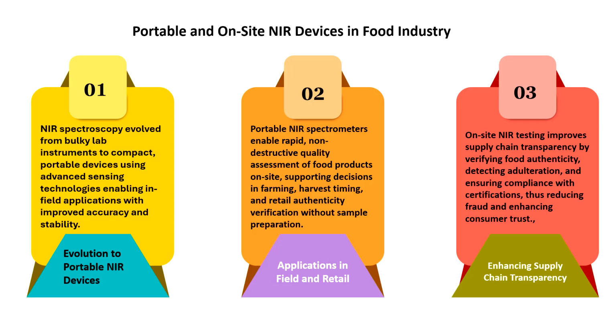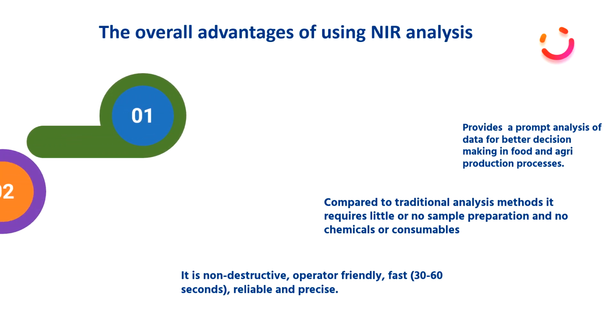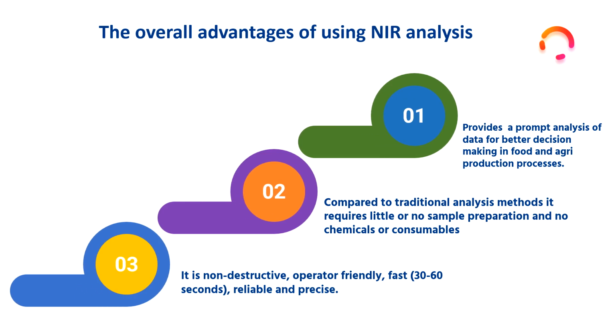Thus, we have the evolution of the spectrometers to portable NIR devices. We find their applications in field and in retail conditions, enhancing supply chain transparency. The overall advantages of NIR analysis. 1.